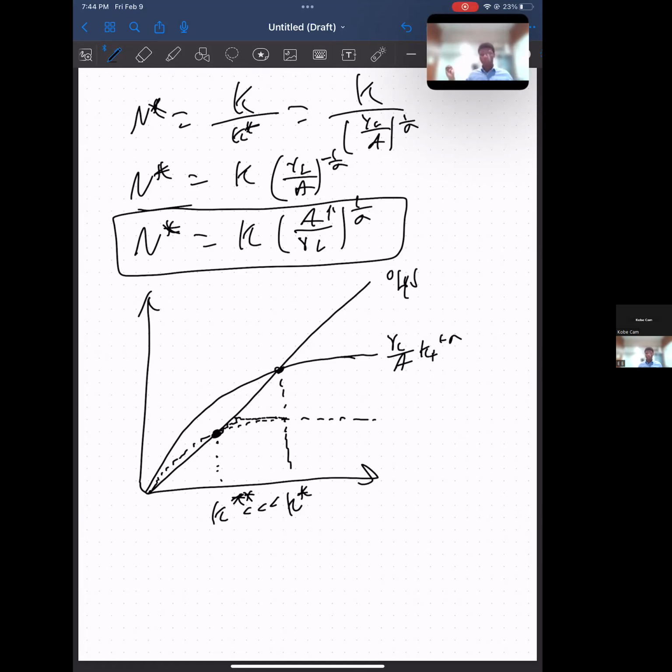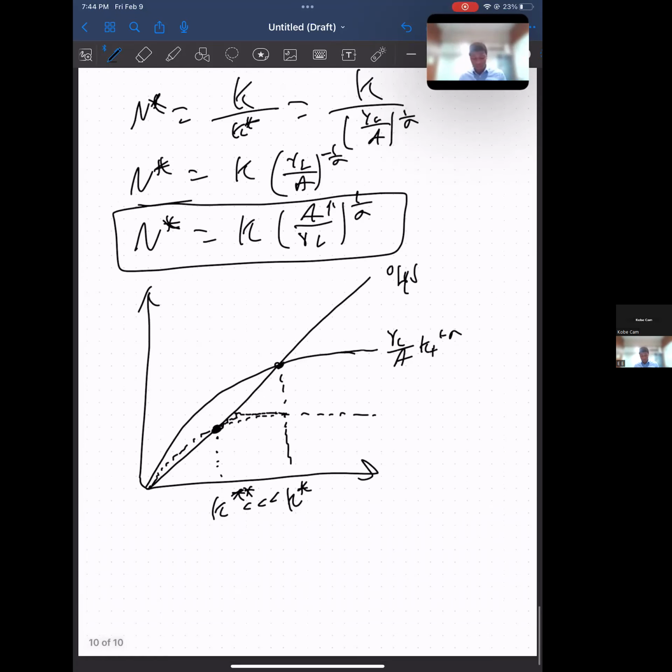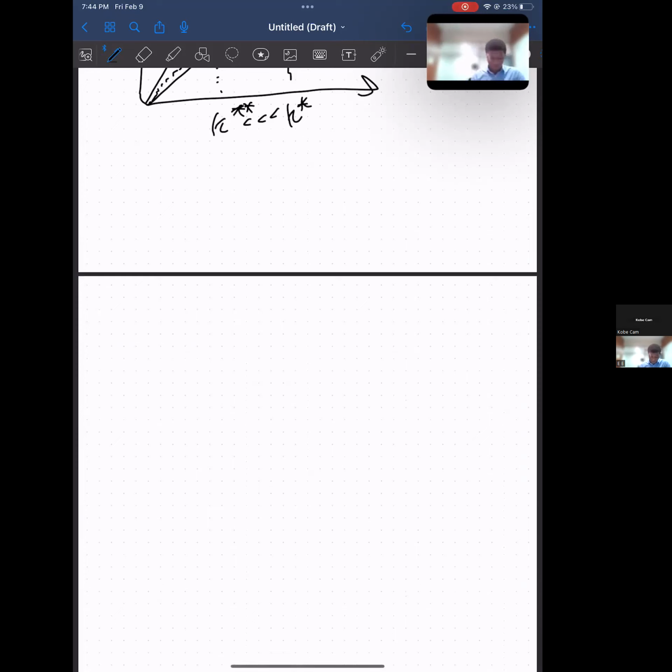Okay, so let's draw this. And so we're going to draw a time path to showcase what happens to Kt. And you really want to do this for just about everything. Okay, so at time t0, something happens, right?